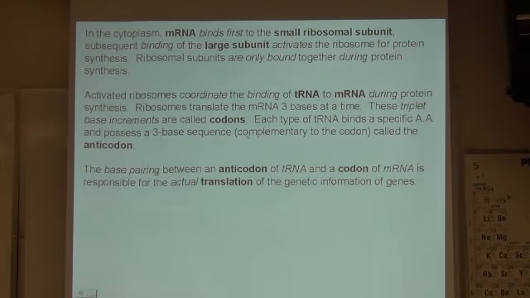So there's our codons. The tRNA will bind at the specific 3-base sequence that's complementary to the codon, and we call it the anticodon. So the transfer RNA has the anticodon. And again, we just call it anticodon because it's complementary to what we're defining as a codon.